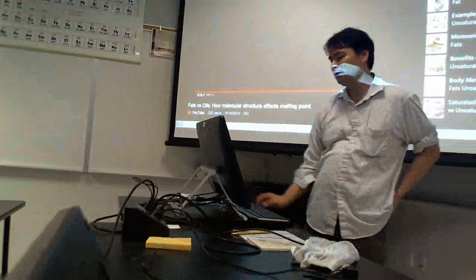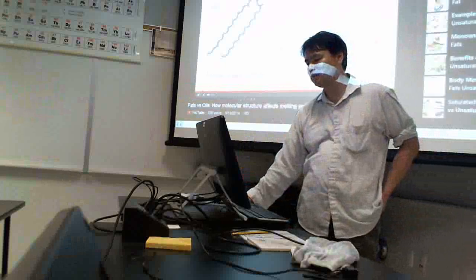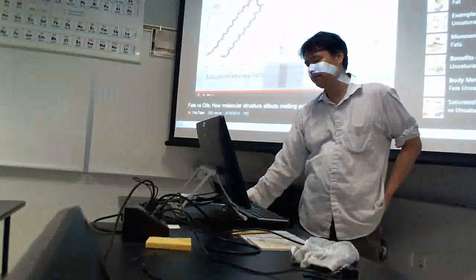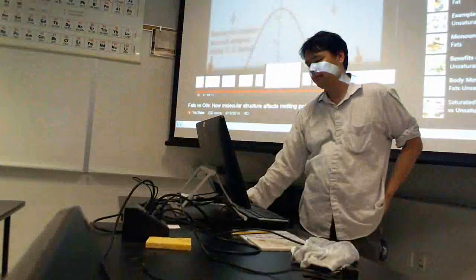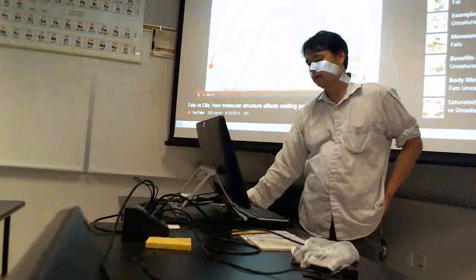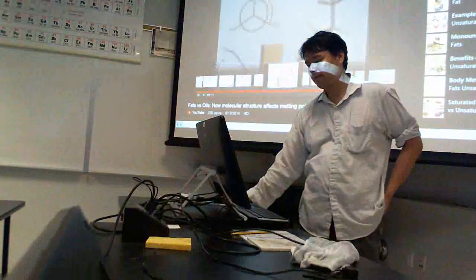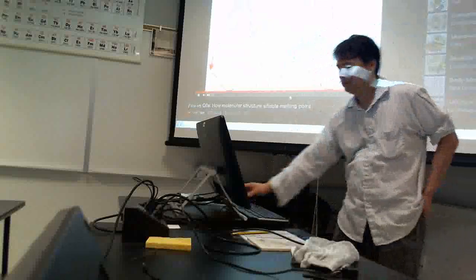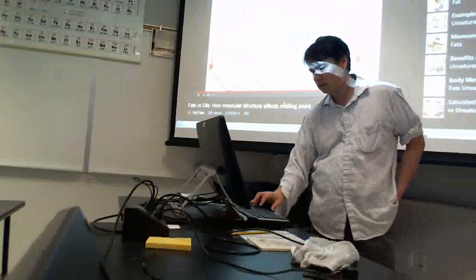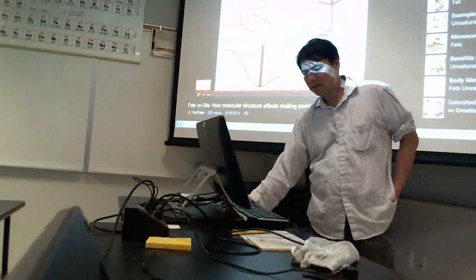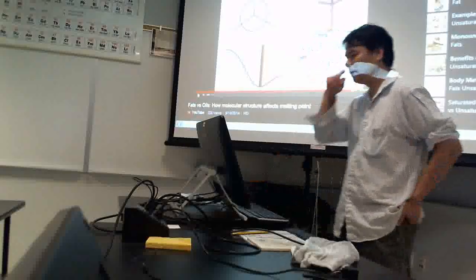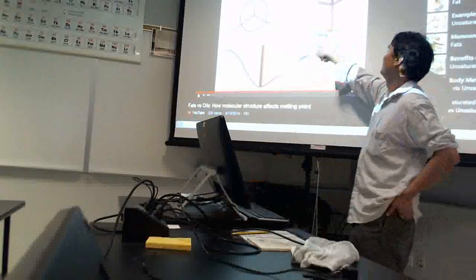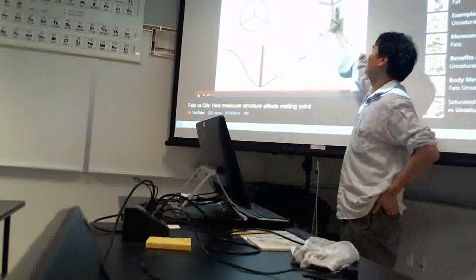But when we draw these things, we just try to draw them in the simplest conformation. So for example, this thing here, we just try to put as many atoms in the plane.